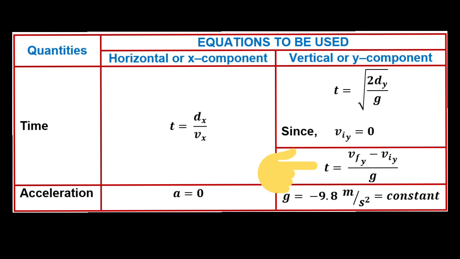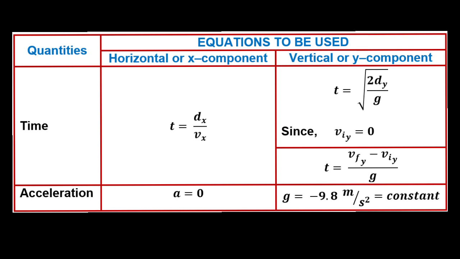Vfy can be equal to 0 if the object reaches the maximum height upon its ascent, or the Viy can be equal to 0 if the object starts its descent from the maximum height. Time in going up is equal to the time in going down.